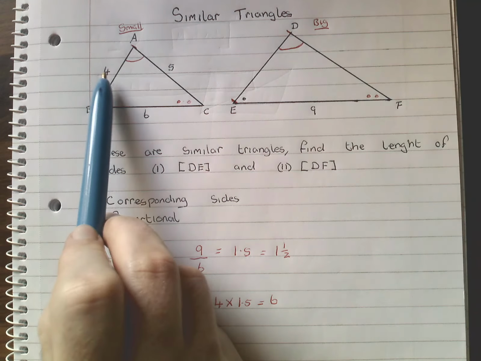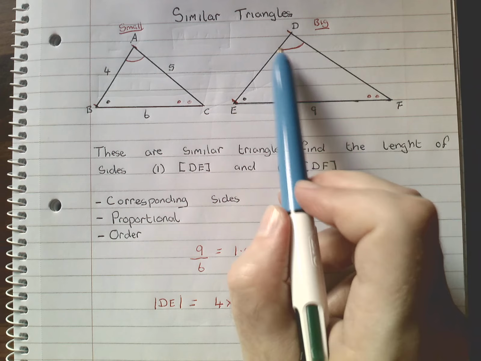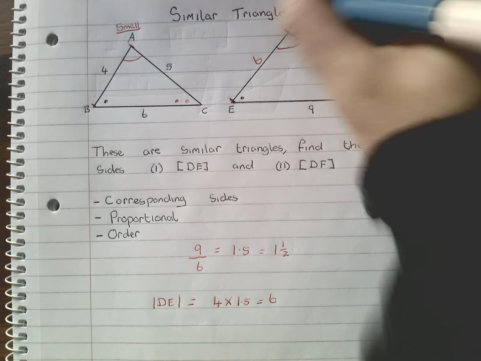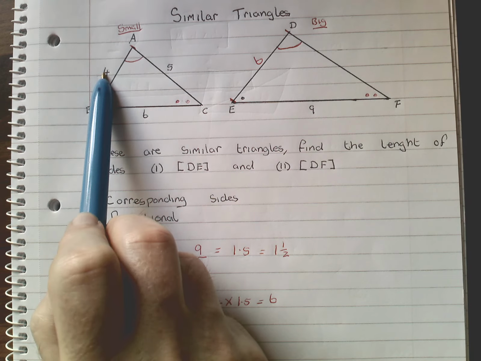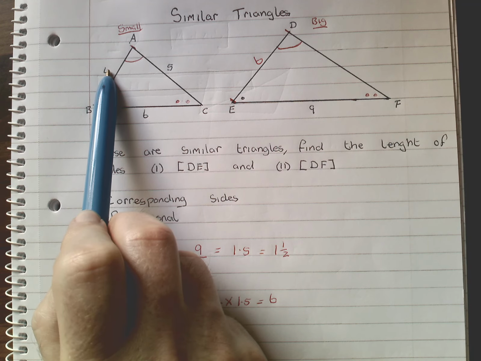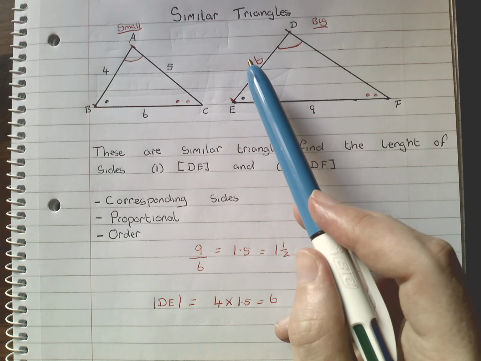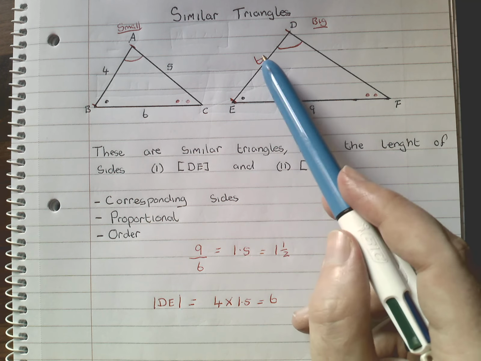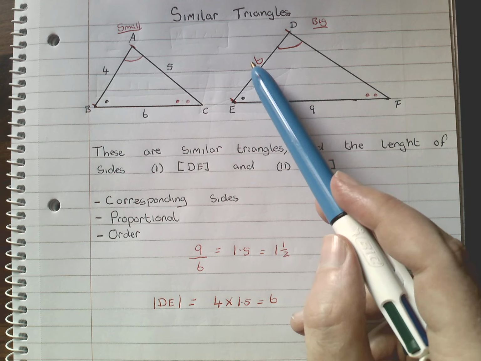So what that means is that this corresponding side is 6. Okay, its length is 6. So if the small triangle side is 4, its corresponding side is going to be 1.5 times bigger. So it's going to be 4 multiplied by 1.5, which brings it up to 6. Okay, so that's the side for that.